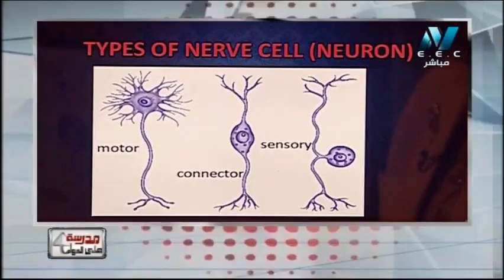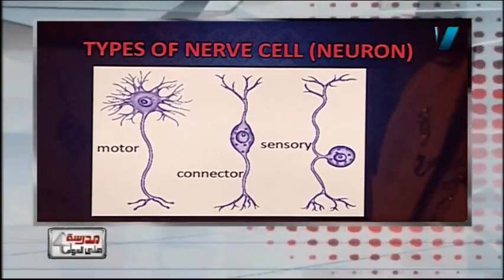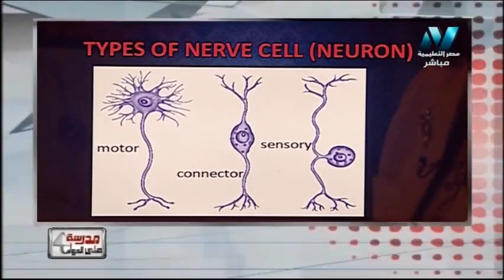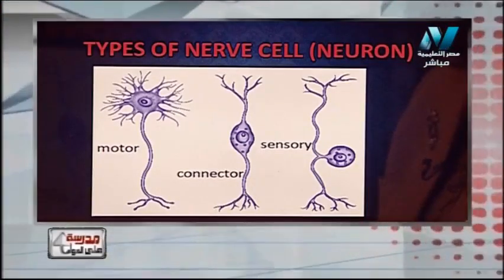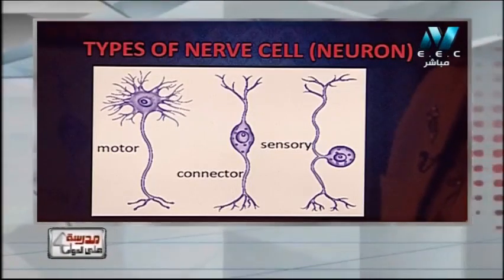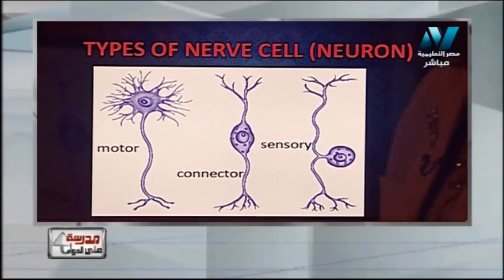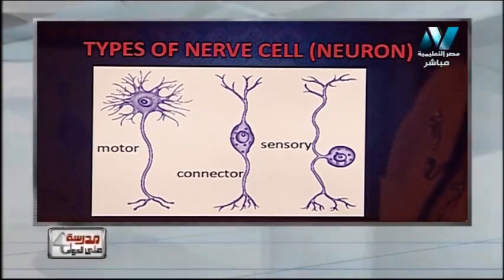We have three types of neurons: the motor neurons, the connector, and the sensory neurons. The motor neurons transmit impulses from the central nervous system to different parts of the body, which are muscles or glands.